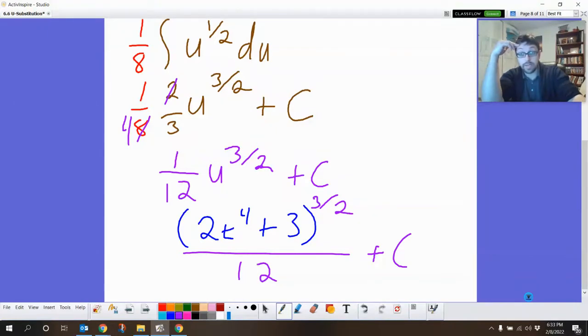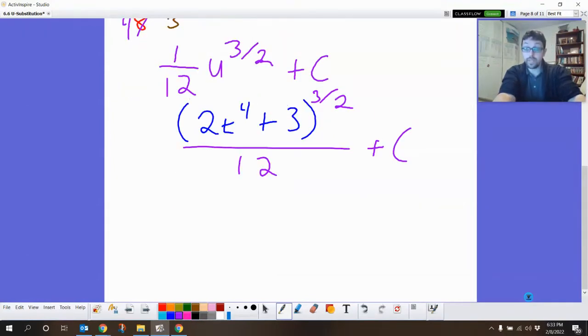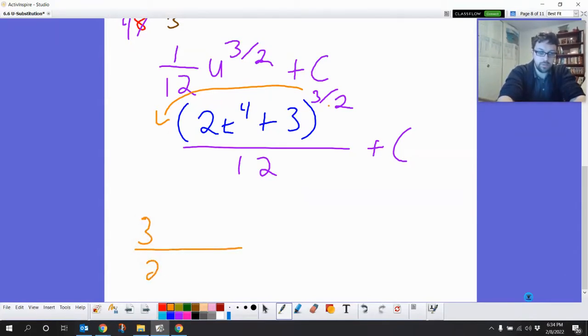Now, again, it wanted us to check to make sure that that works. So let's find the derivative of this thing. If it works out, we should get back what we started with. So we drop that 3/2 down to here. So that will be 3 over 2 times 12.